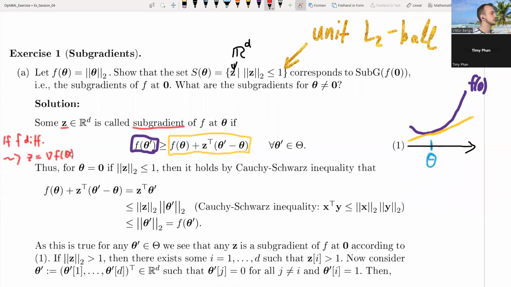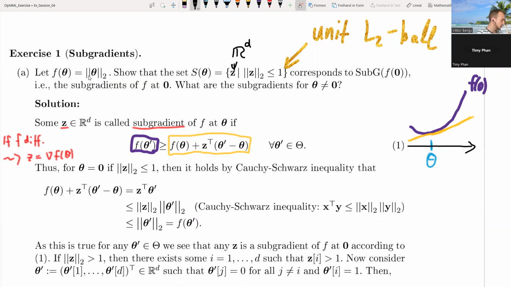There's only one subgradient, and it is the gradient at that point. Okay, so this is a quick recap on what the subgradient is about: essentially a substitute for the gradient in case we don't have a differentiable function.